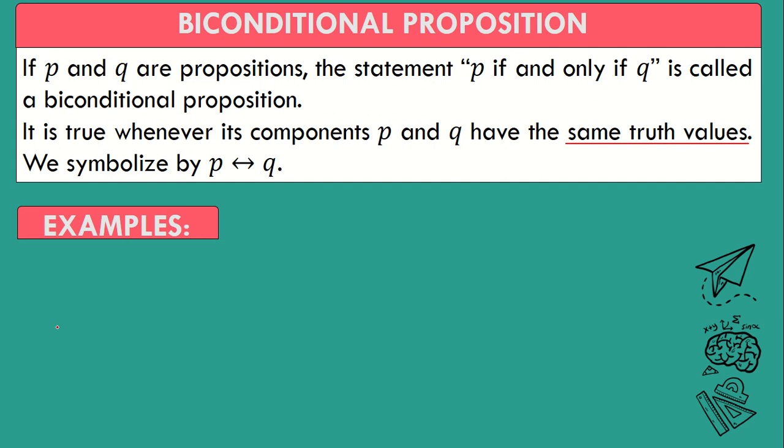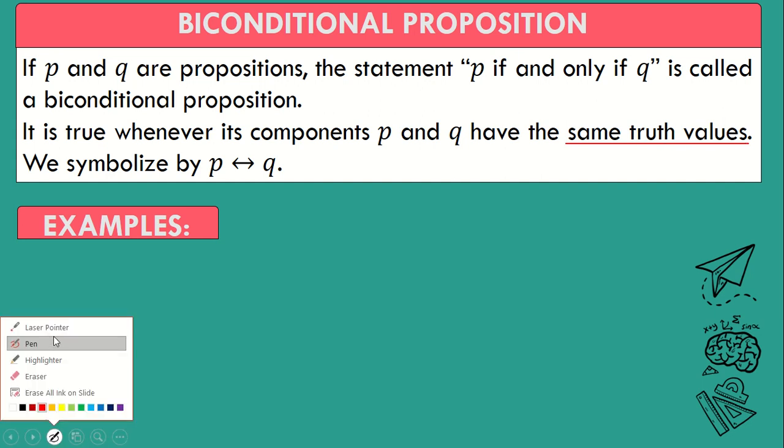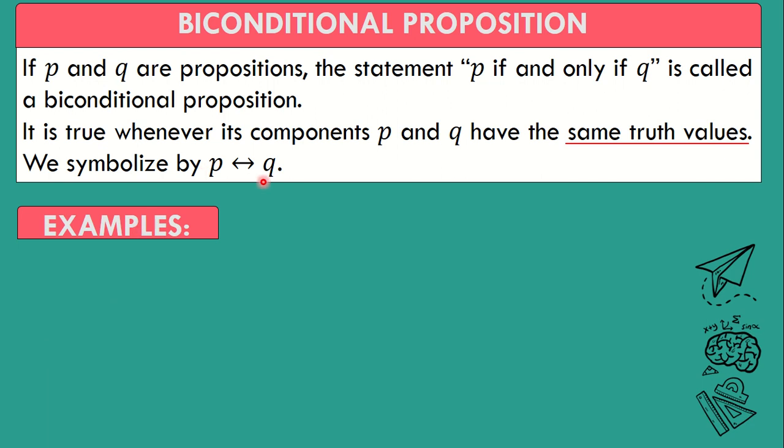So if P is true, then Q should be true, so that the biconditional proposition is true. As you can see, it's a combination of all the forms of the conditional propositions earlier. If you identify its converse, its inverse, contrapositive, they have consistency when it comes to the truth values. That's why we have the two-headed arrow, unlike the conditional, where we only have a one-headed arrow.